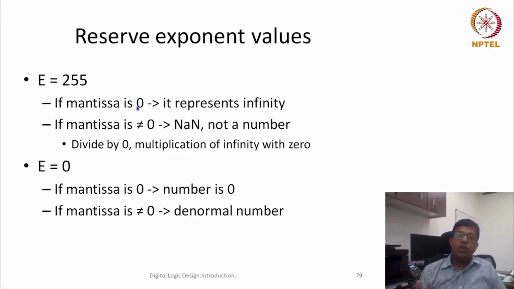One more number we need to represent, that is called not a number. So consider this situation. Let us say you want to divide a certain number by 0. What is the result? You have been told in your primary classes, secondary classes, the number has to be infinity. But now let us look at it from a very close perspective.